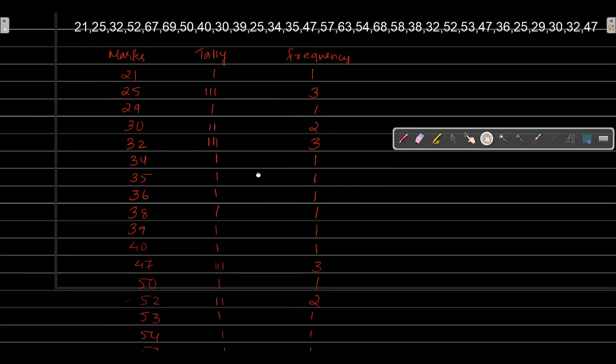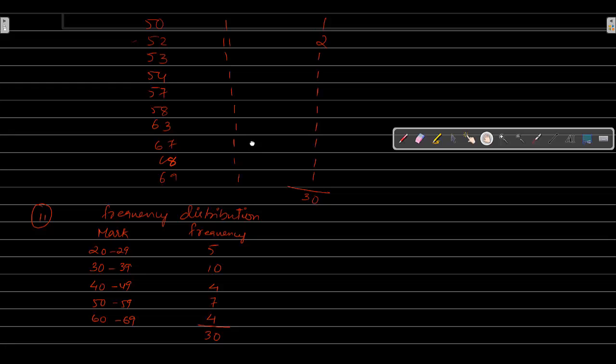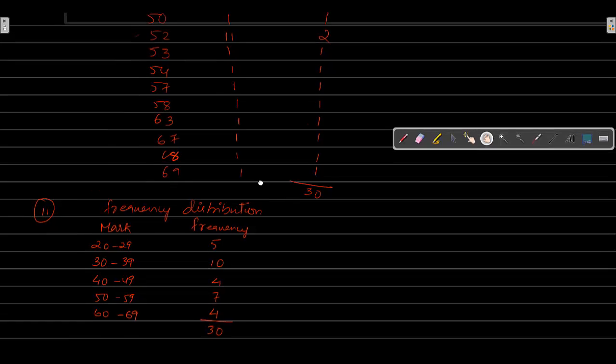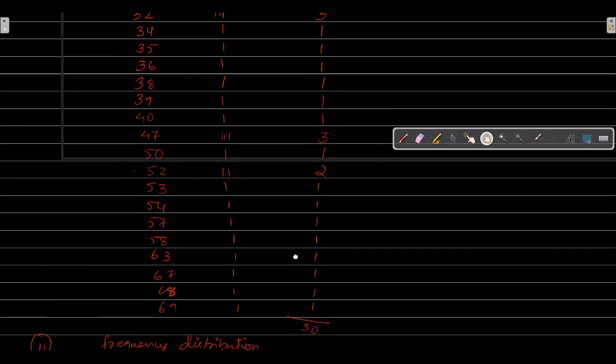I've also calculated the second one, that is the frequency distribution. It says make a frequency distribution using the following classes. They have already given the classes: 20 to 29, 30 to 39, 40 to 49, 50 to 59, and 60 to 69. So for 20 to 29, I have 5 frequency.